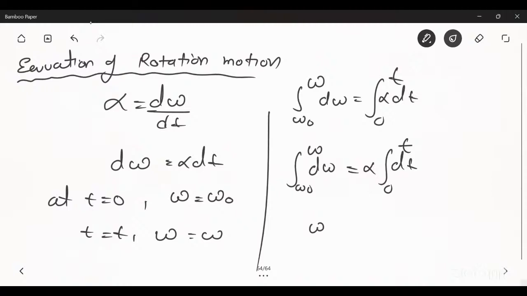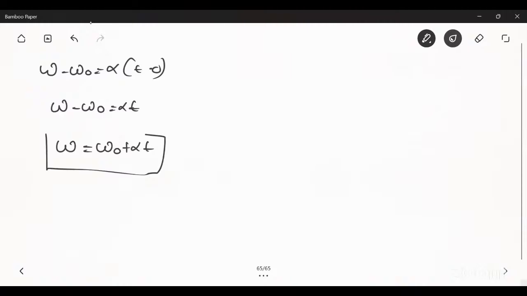So omega minus omega naught equals alpha into t minus 0. So omega minus omega naught equals alpha t. So omega equals omega naught plus alpha t. That means final angular velocity is equal to initial angular velocity plus angular acceleration into t.